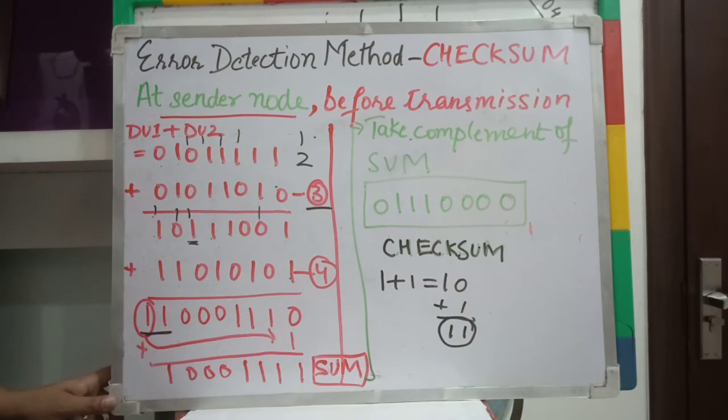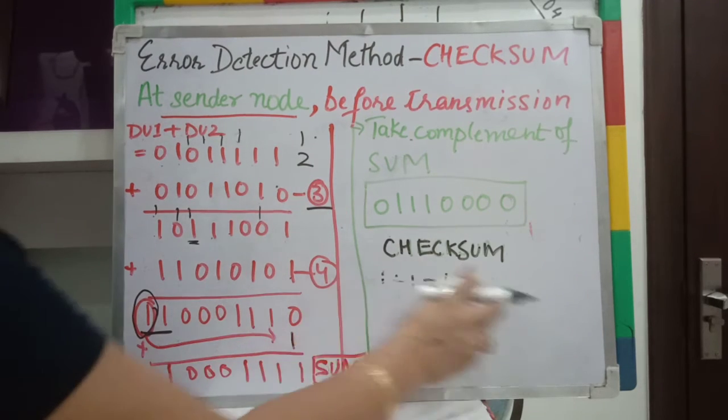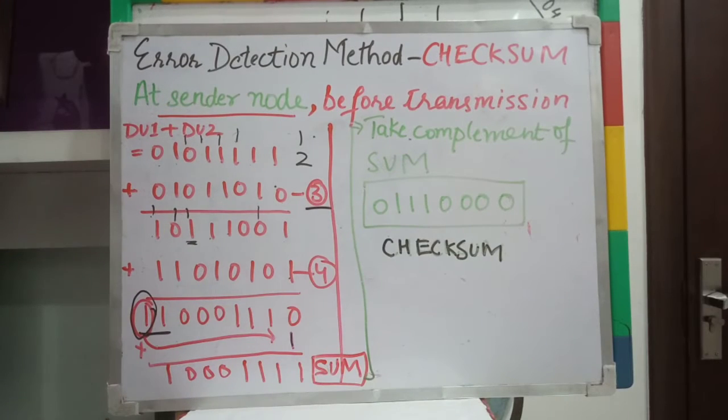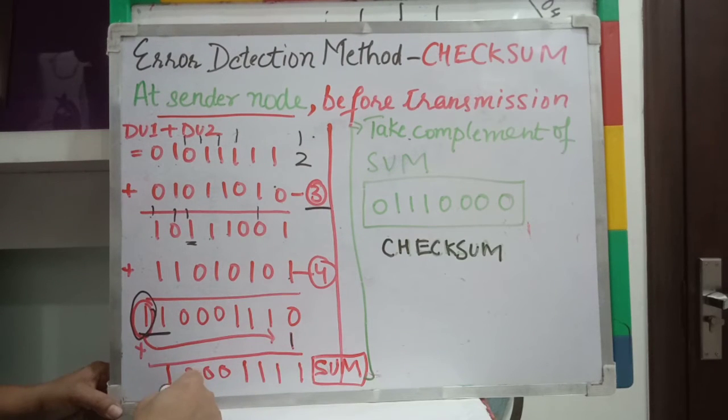That's why I have written 11 here. Because this is the extra bit, I take this bit and add it to the sum. So my final sum is 0 1 1 0 1 1 1 1.